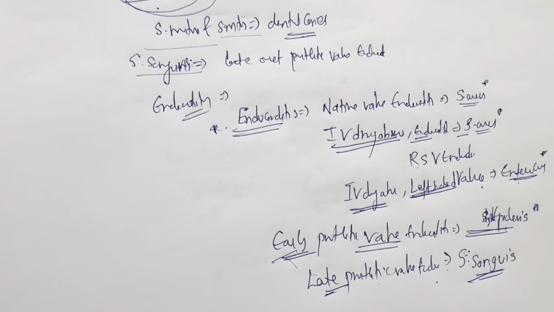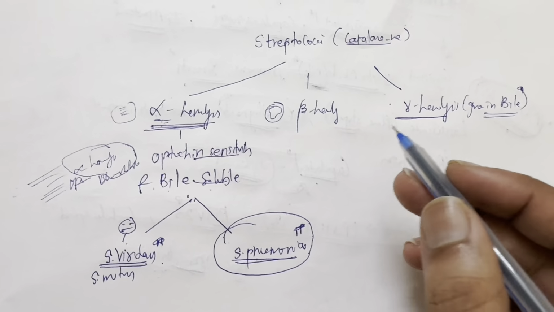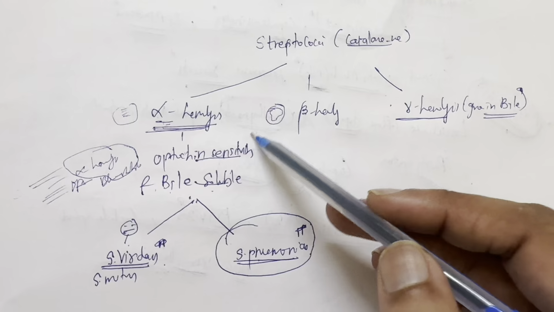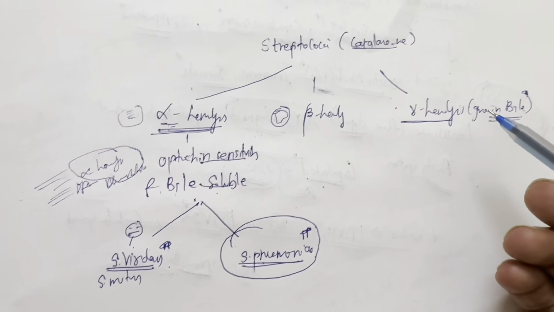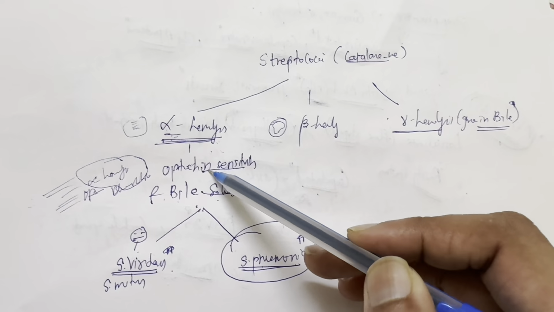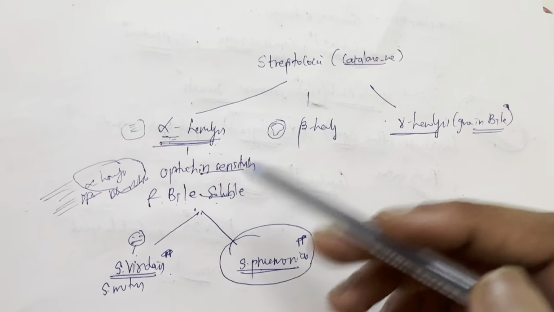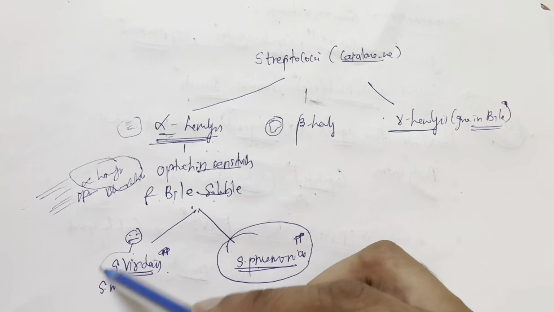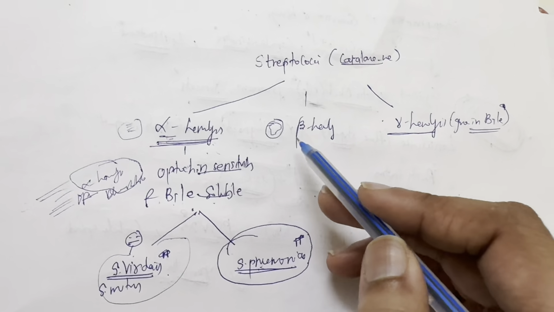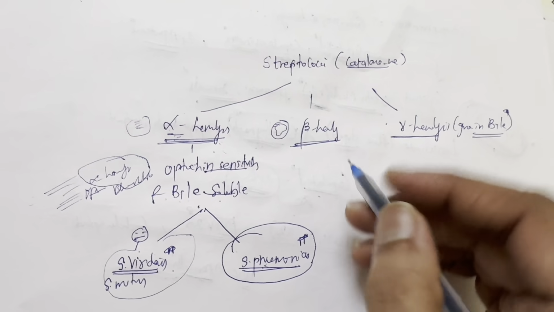Now let's discuss the next organism. So guys, some of these things you just need to remember by heart. There is no trick I can tell you to remember them, but you just need to remember that if it's alpha hemolysis, then they are optochin sensitive or optochin resistant organisms, and we spoke about these two. Now I want to speak about beta hemolysis showing Streptococcus.